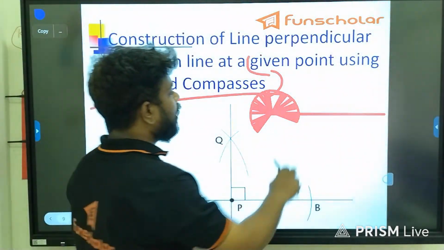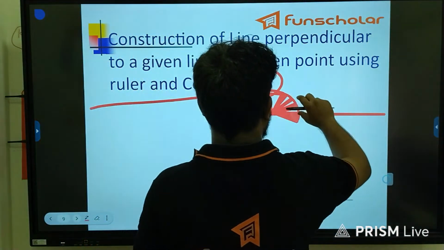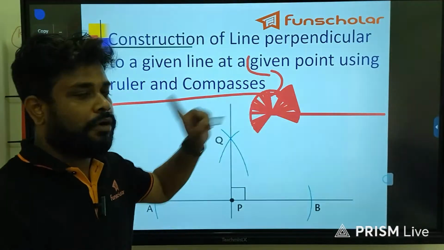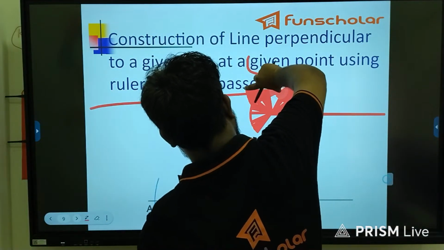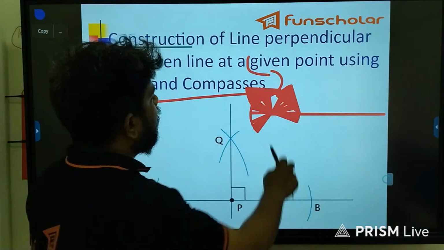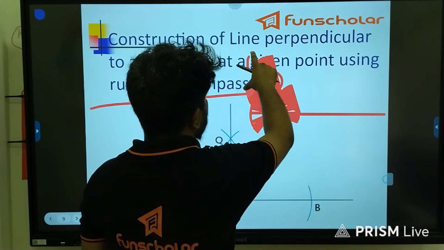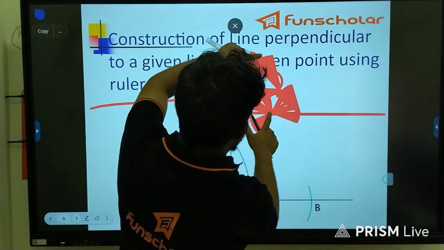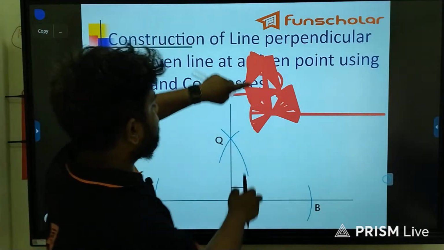Then take that same measurement and, pointing out here, cut from there. Again from there it will be here, and from this we will draw it here and we will also draw it here, and then we have to join these two.